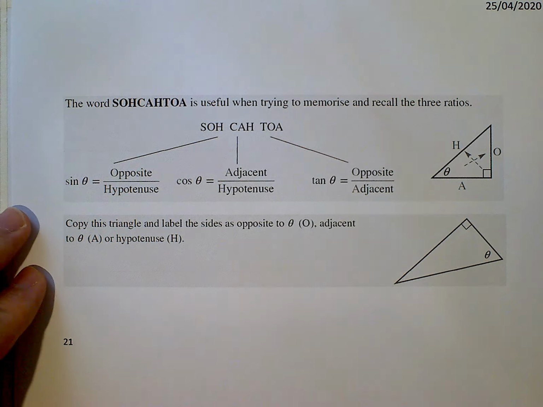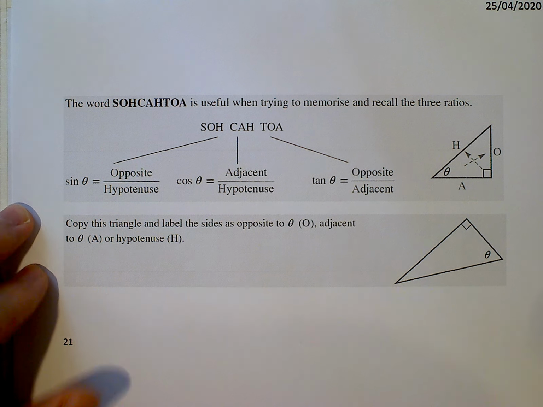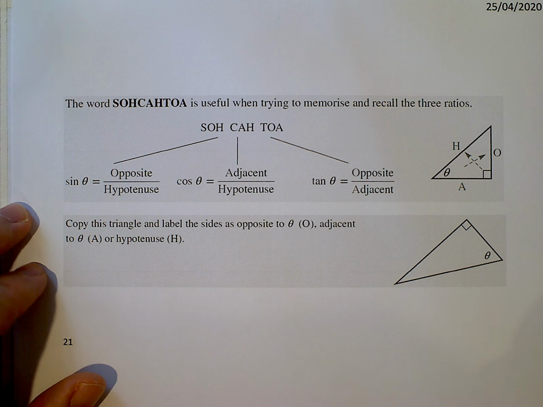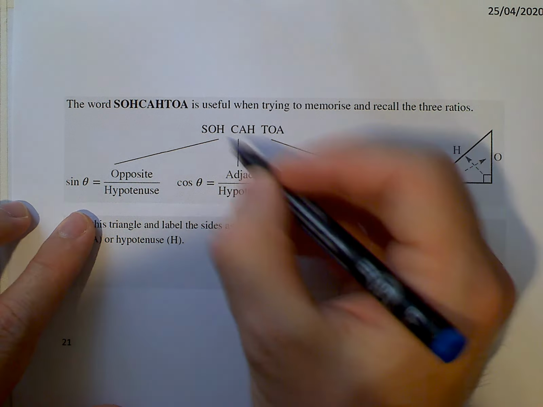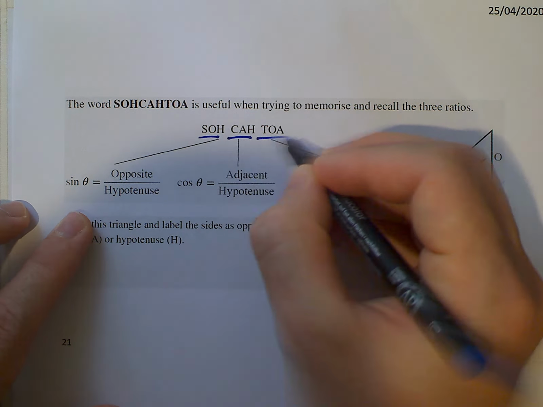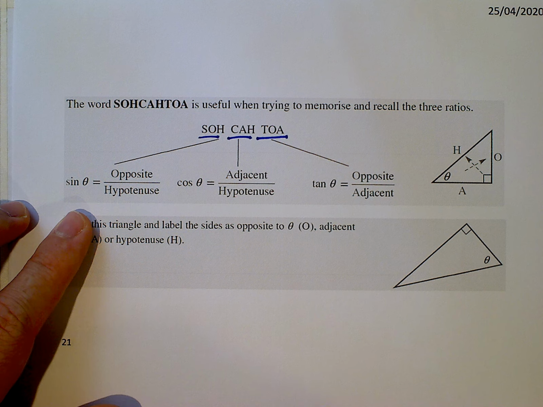Okay, so sometimes that is a little hard to remember. So we've come up with this little easy way, which is SOH CAH TOA. Now, you might have heard this before, and it's just a shorthand of all those trig ratios we just learnt.